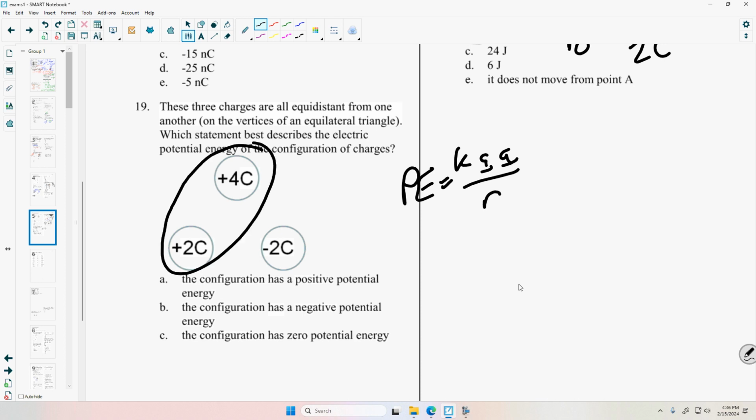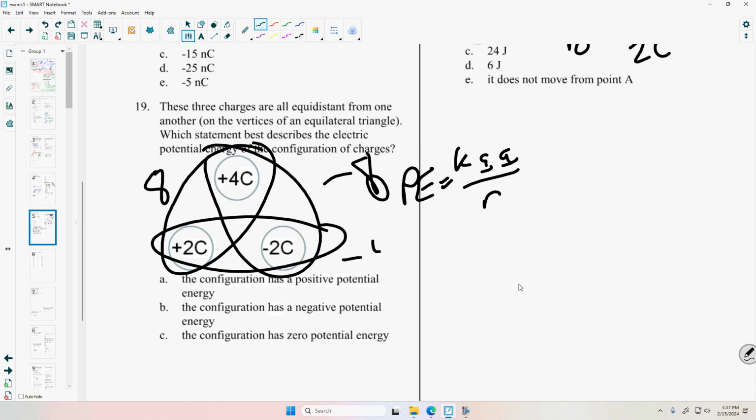There are three distinct and unique pairs, and each of them has an energy wrapped up in that pair. This one would be 8. It's not actually 8 joules because I'm not including k and r, but I'm just looking for the sign of the energy. This one would be -8, and then this one would be -4. So I add those two up, and I get an overall negative potential energy. Okay?